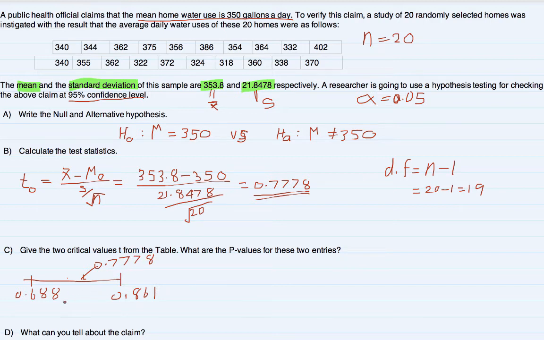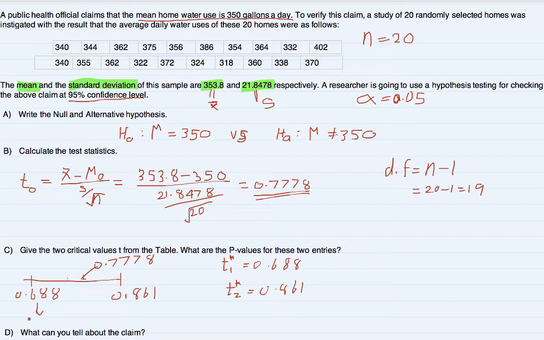So these two numbers are the two critical values: t1 star equals 0.688 and t2 star equals 0.861.